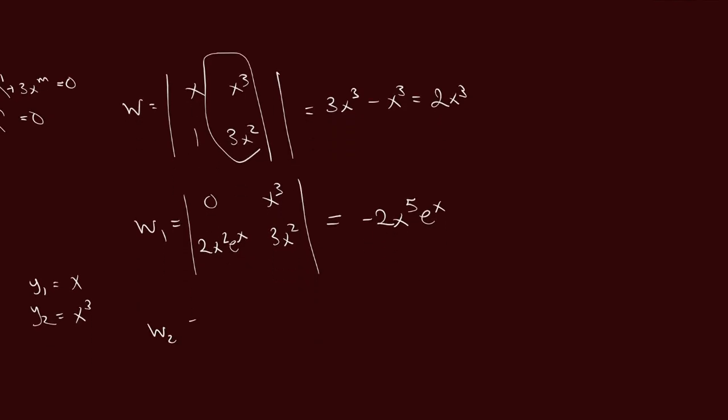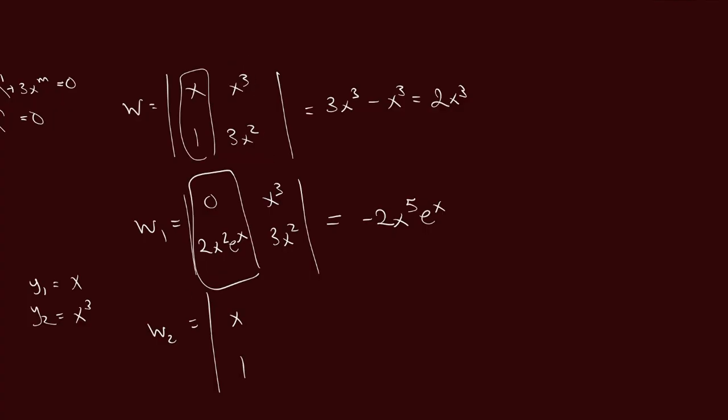Now w2 is the left side, which is this, times the right side, which is this. The determinant of this will be 2x cubed e to the x.